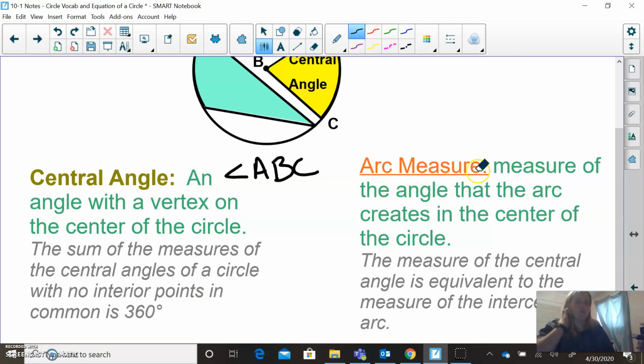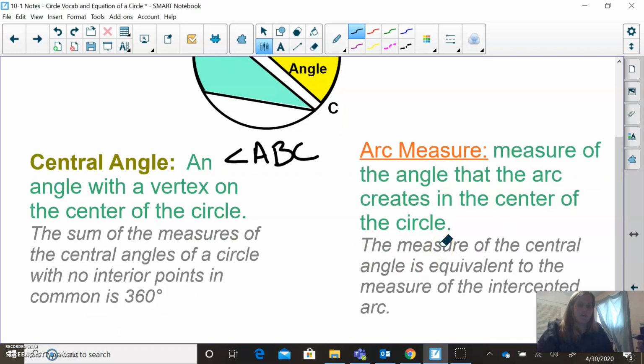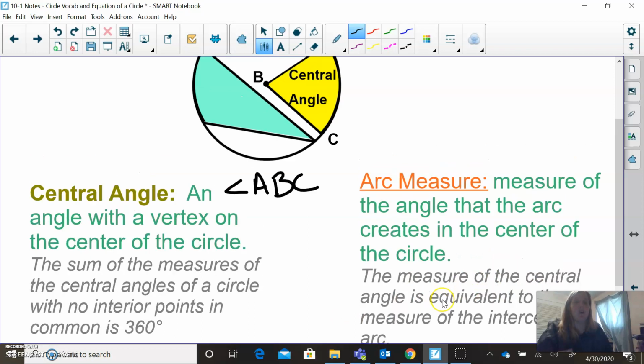So arc measure is the measure of an angle that the arc creates in the center of the circle. Okay. Again, arc measure is a measure of the angle that the arc creates in the center of the circle. To put this in more clear terms, the measure of the central angle is equivalent to the measure of the intercepted arc.